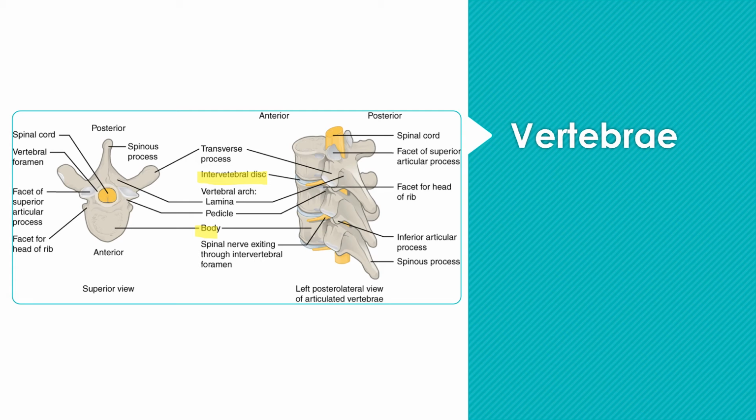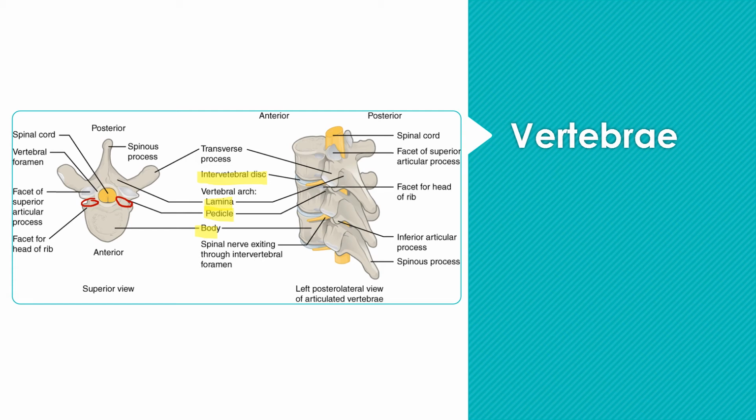There are two thick processes, the pedicles, which are going to be these little processes here, one here, one here. These project posteriorly from the vertebral body, and then they unite with the flat laminae.